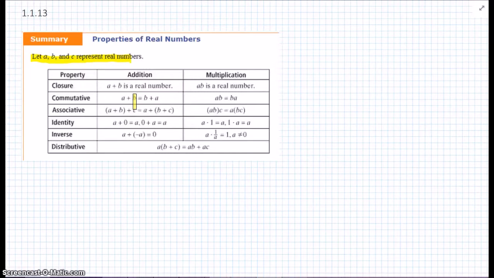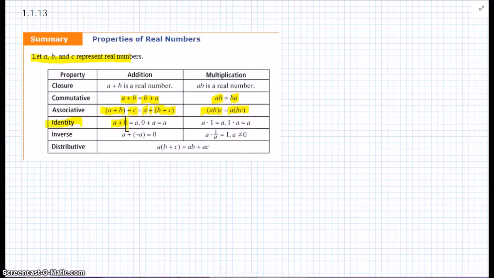Commutative, A plus B is the same as B plus A. A times B is the same as B times A. Associative, A plus B in parentheses plus C is the same thing as A plus B plus C in parentheses. So A, B parentheses times C is the same as A times B, C parentheses.